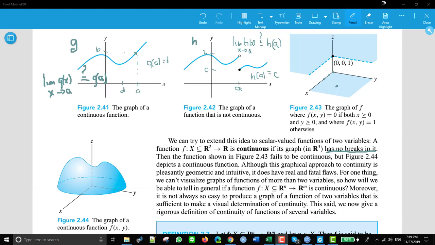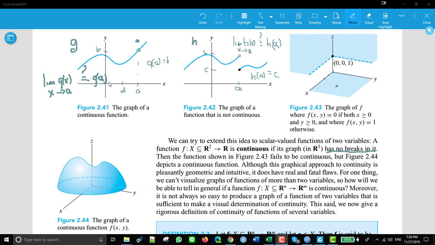In other words, suppose I had a slightly modified version of g. So suppose I had this for g. By this circle, I mean that the height is not here, but the height is actually here.